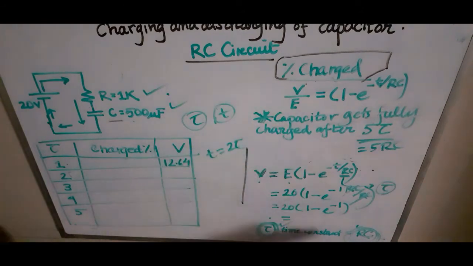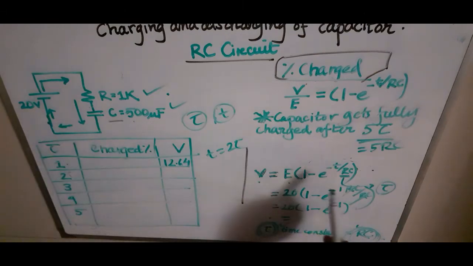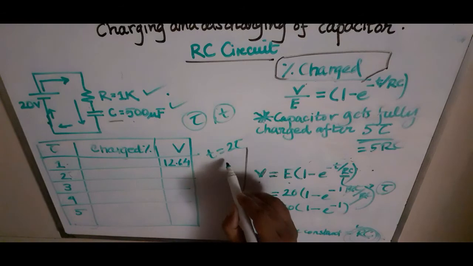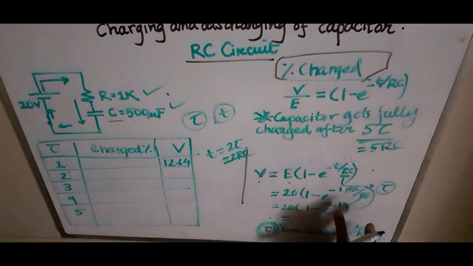In the question itself I told you what happens after 2 time constant. So instead of t, you replace this with 2 tau, and tau is nothing but RC, so 2 RC. So RC gets cancelled out, and we will be left with e to the power minus 2.